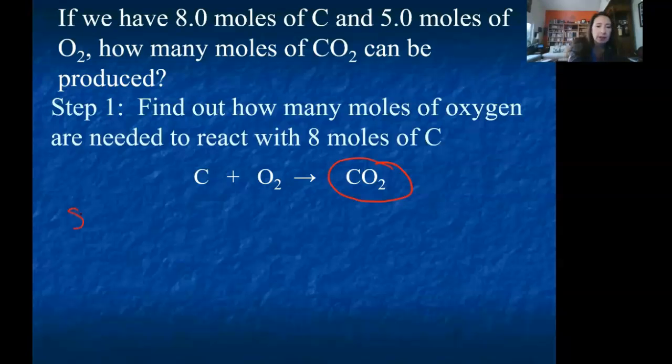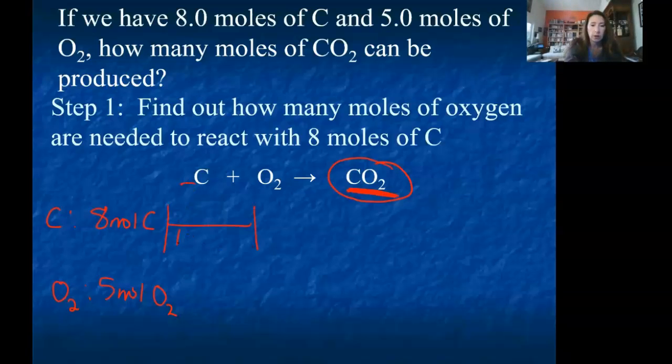So I'm going to write it like this. I have carbon and I have oxygen, right? And I have 8 moles of carbon and I have 5 moles of oxygen. Now I'm going to see how much CO2 I can make.